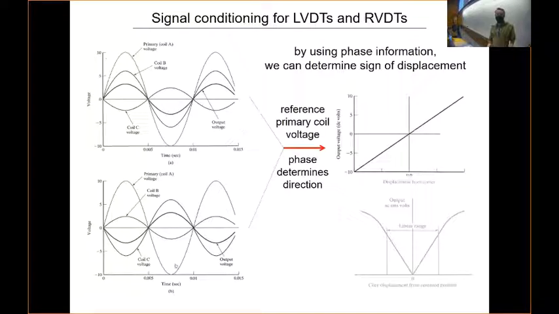So there's a little bit of a shift between the primary and the output that's in phase with it. This is kind of idealized here. We're going to ask you to measure all of those just to be aware of them, but you're more interested in that 180 degrees shift.